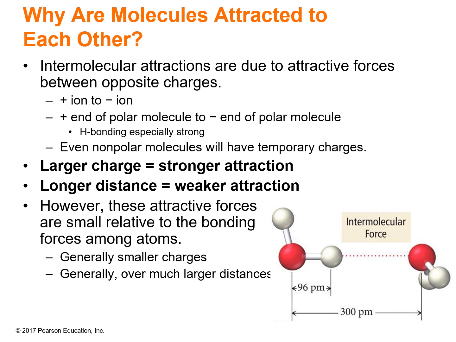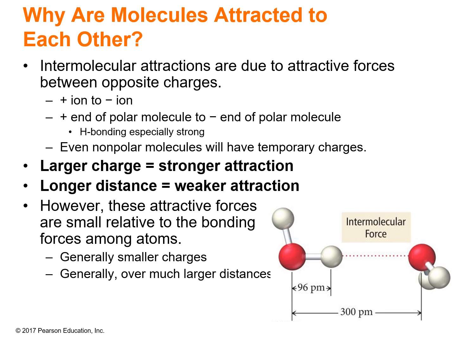So why are molecules attracted to each other? Well, it has to do with the intermolecular, so between the molecules, the attraction that they have. And this happens because of opposite charges. Now, it could be a positive and negative ion that are attracted to each other, or it could be just from the fact that a molecule is polar. So if we have a more positive end of a polar molecule, it gets attracted to the more negative end of a polar molecule.